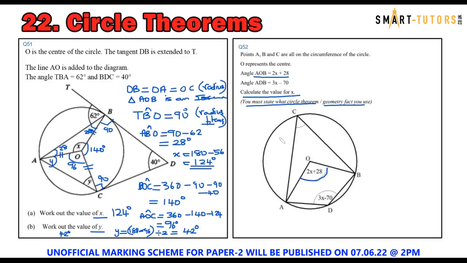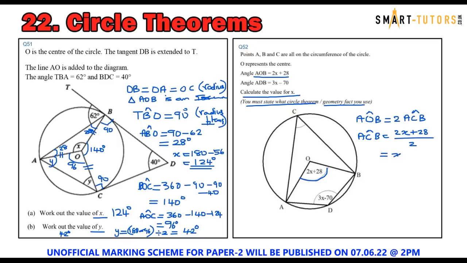So first of all, you need to know this one. AOB, it's the center angle, it's twice the ACB. From that you can find out ACB is 2x plus 28 divided by 2.